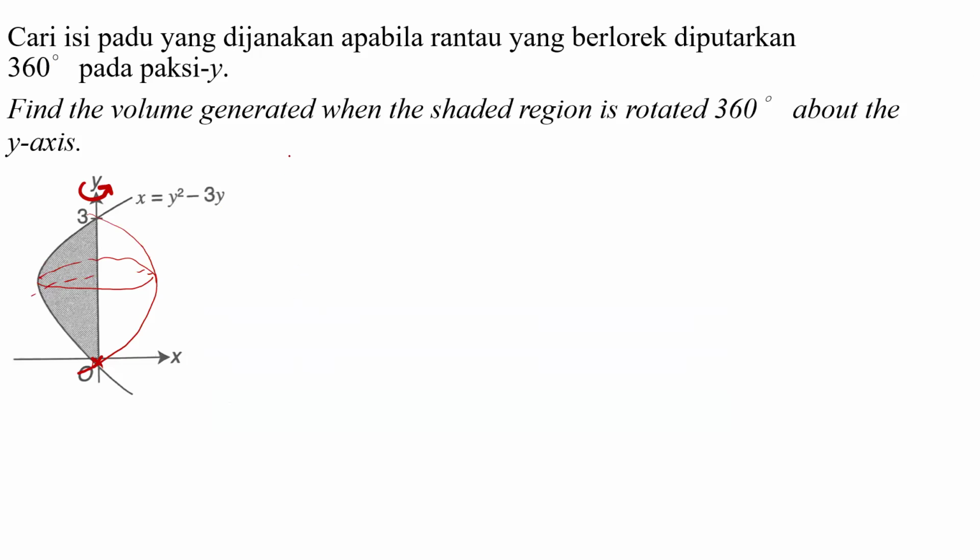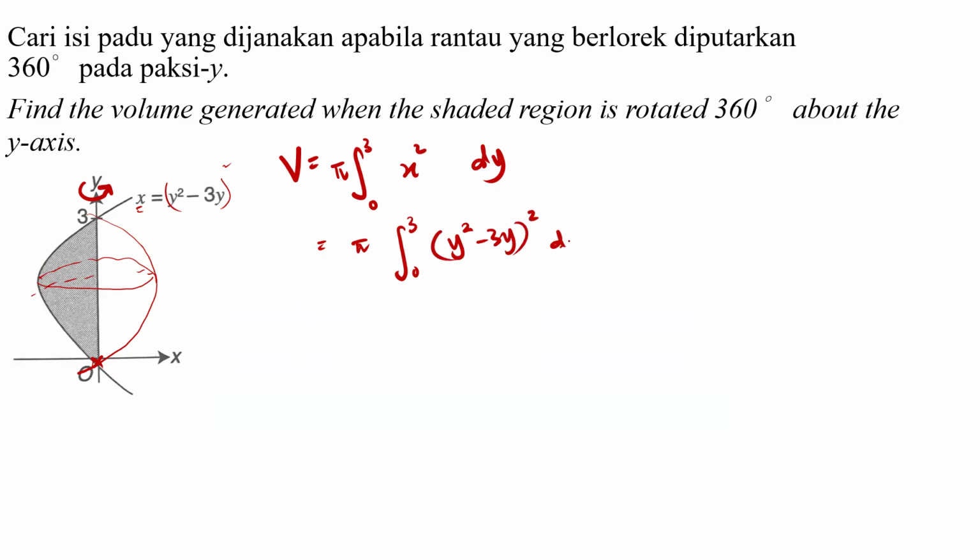Okay, so the volume is about the y-axis, so dy. Integrate from 0 to 3, pi x squared dy. I have x, so I have to square this whole thing. So pi from 0 to 3, (y squared minus 3y) all squared, dy.